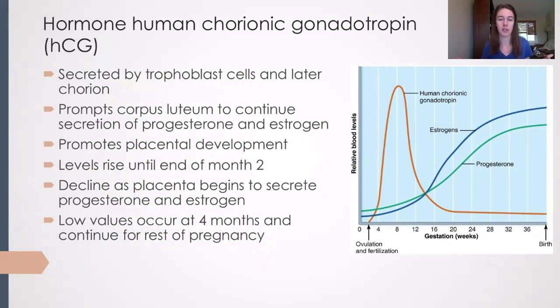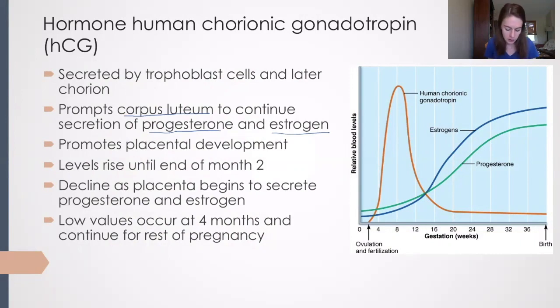So it's going to be secreted by those trophoblast cells as they start to implant in the uterus to make sure that mom knows that a pregnancy has occurred and her body does not try to kick that blastocyst out, recognizing it as like a parasitic invader or something like that. So it rescues the corpus luteum so that the corpus luteum can continue to produce progesterone and estrogen. That makes sure that menstruation does not occur.